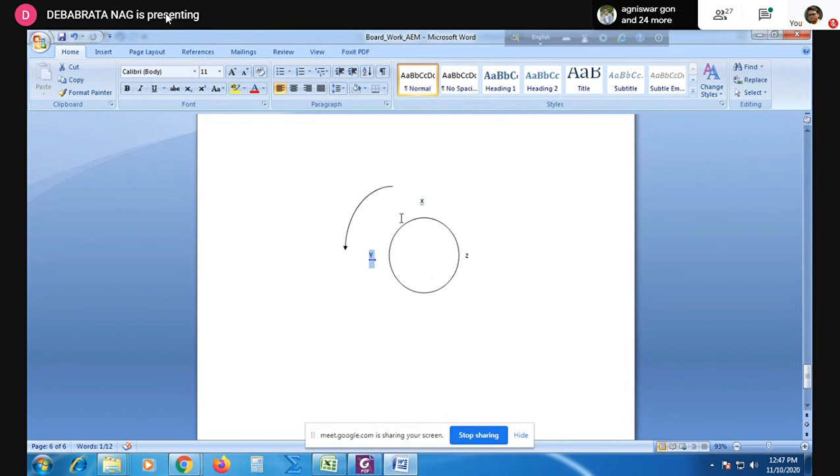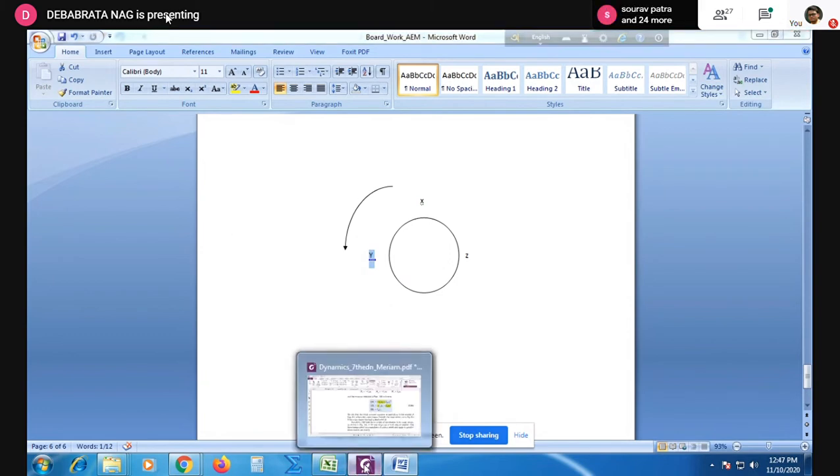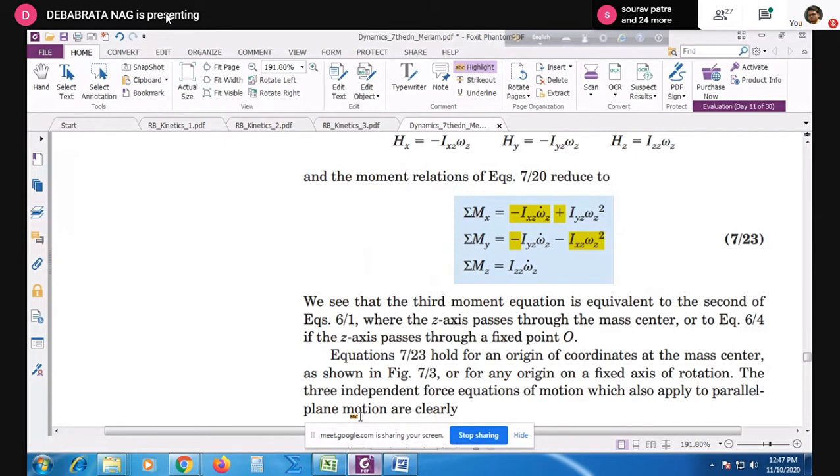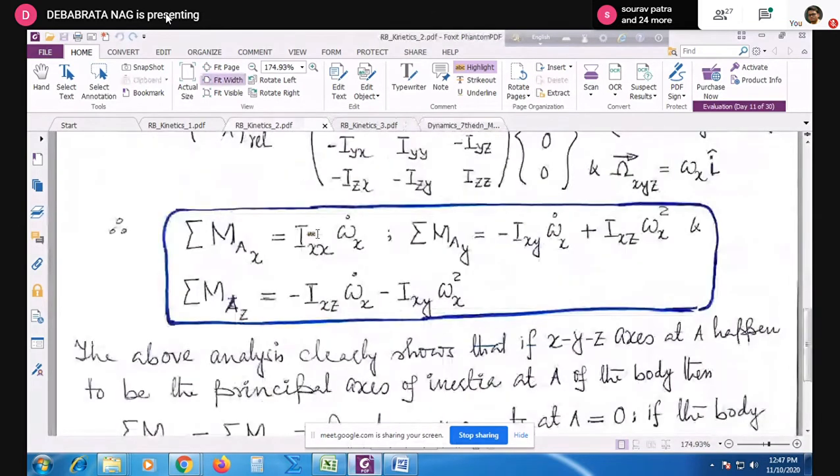Then I will say it is instructive that you write in your khata three sets of equations like this. For each of these three sets of equations we have written, within brackets please write when x axis is the axis of rotation.